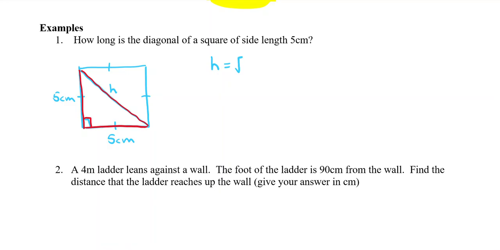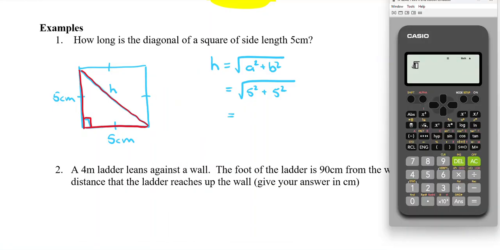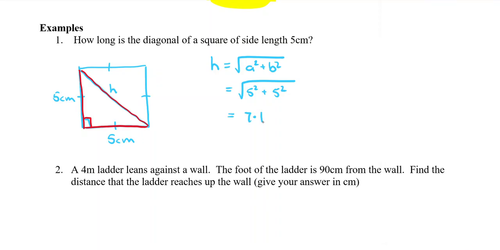H equals square root of a squared plus b squared. Subbing in, we get 5 squared plus 5 squared. And then putting that in our calculator, we get 7.1 if we're doing one decimal place. 7.1 centimetres is the length of the diagonal.